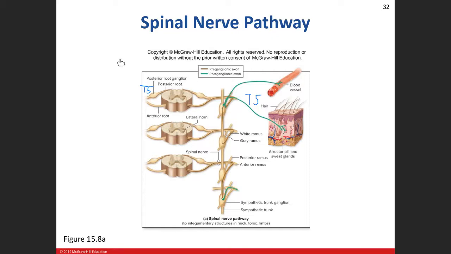So this could be T12. Okay? So the T12 preganglionic neuron enters into the sympathetic chain on T12 level, and then it can ascend all the way up to T5. But once it synapses, it has to leave on that level. So if it synapses on the T5 level, it's gone. It's leaving on the T5 level.